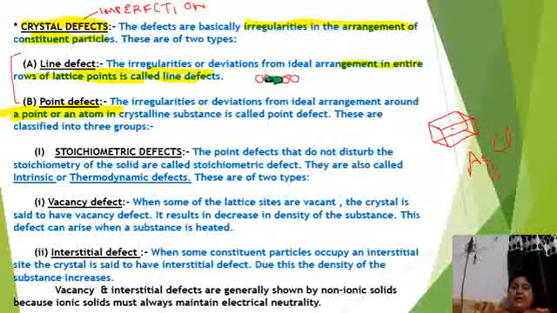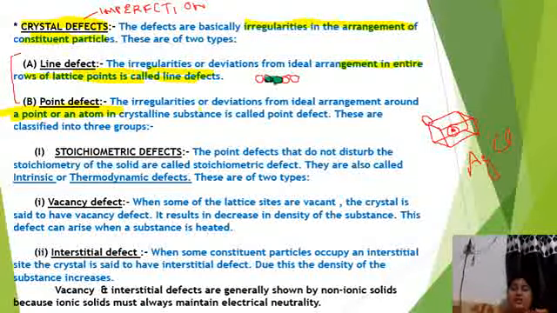If the particle present over here is disturbed, so the arrangement only around this particle will get disturbed. If the particle is present here, this will not disturb the corner particle because it is present in the center. It will disturb only the particles attached with this particle or near around it. It will not disturb the whole lattice. So that is known as point defect.